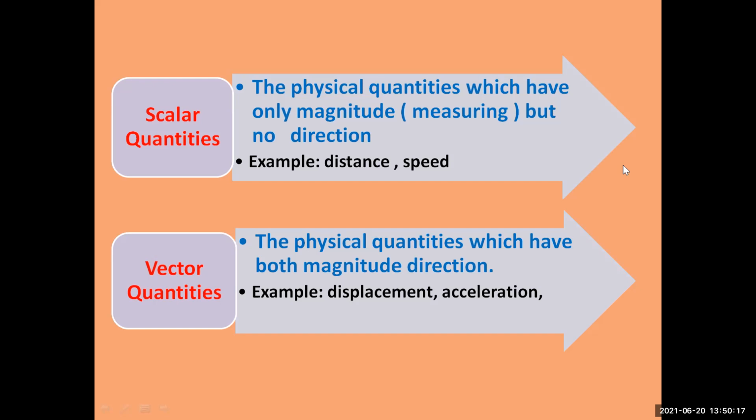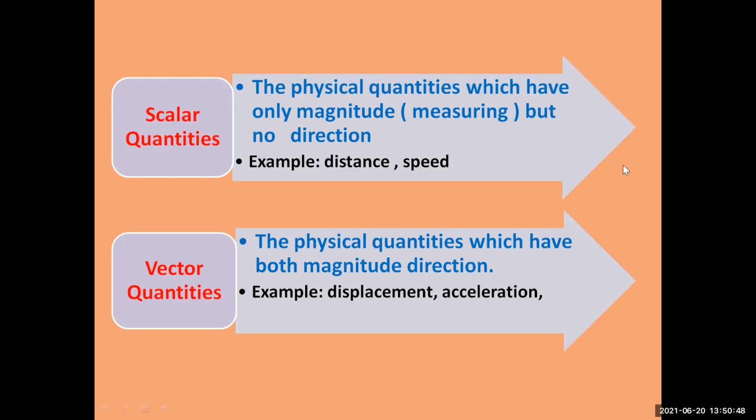They are called physical terms or physical quantities. Some of the quantities give only the magnitude, the measurement, how much it has been completed. Such kind of quantities are called scalar quantities, where they have only the magnitude or measure.